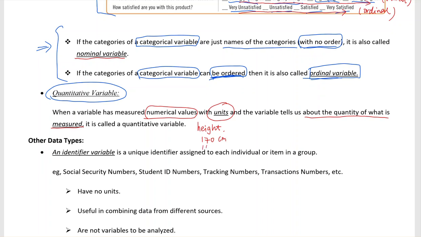Your response 160 centimeters, 183 centimeters, right? So for this variable, this characteristic about one student, the variable height has responses with units. It tells us the quantity of the height when you measure their heights. So this kind of variable will be called a quantitative variable.